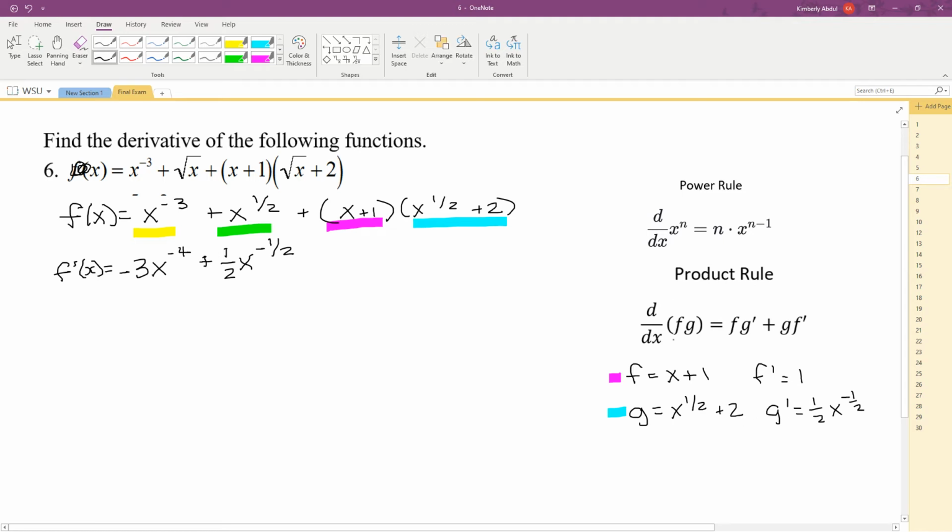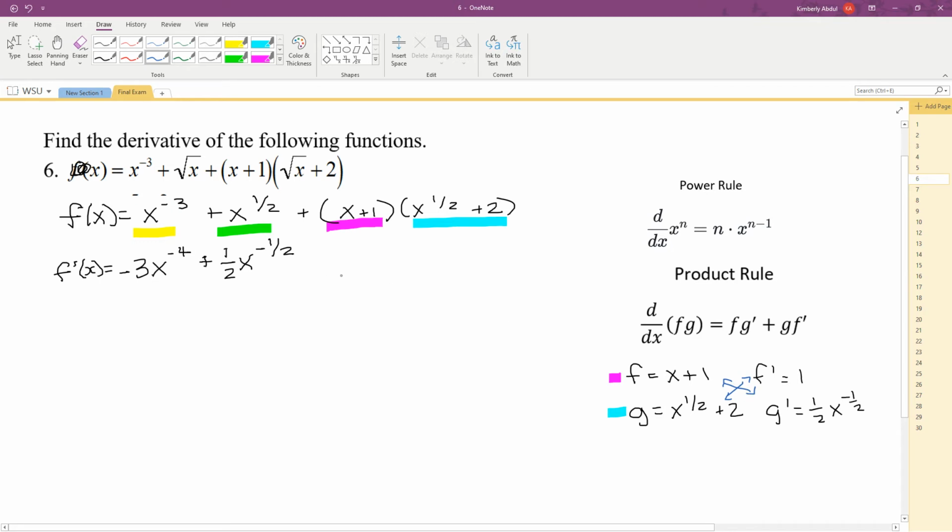Okay, so now we're going to use this whole rule right here. What you'll notice is that these kind of go back and forth a little bit. So we're going to multiply these two together, and then we're going to multiply these two together.